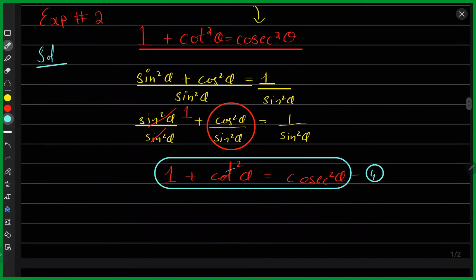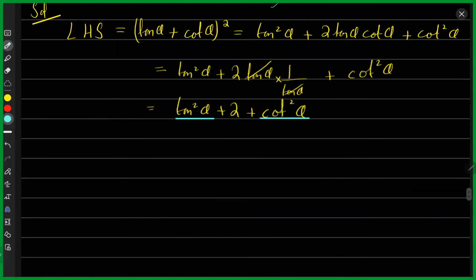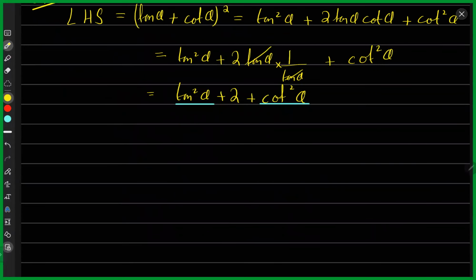This means that tan square theta can be written as secant square theta minus 1 plus 2 plus cot square theta is equal to cosecant square theta minus 1.